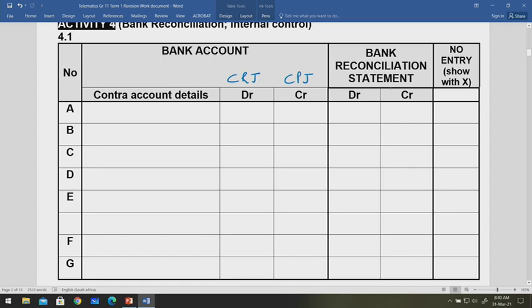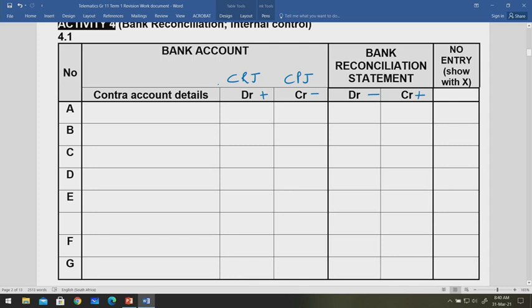The bank reconciliation statement, we know that in this case, debit is plus, credit is minus. According to the bank reconciliation, credit is plus and debit is minus. And then they also ask us for the contra account details if we put it into the bank column or the bank account.